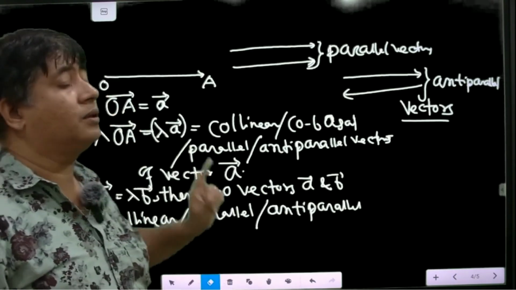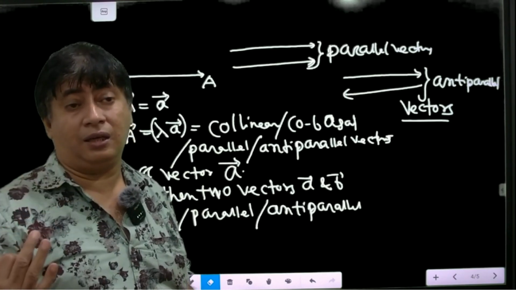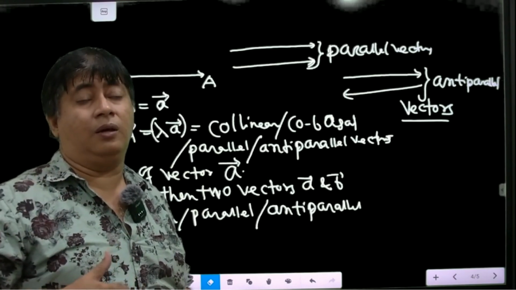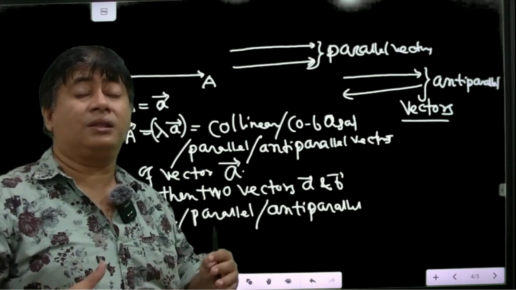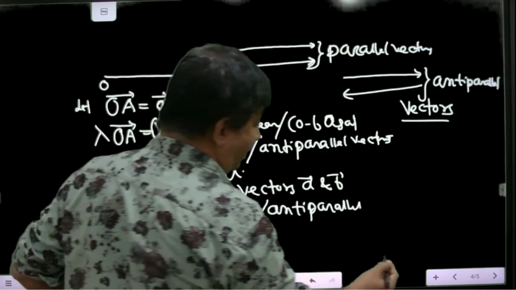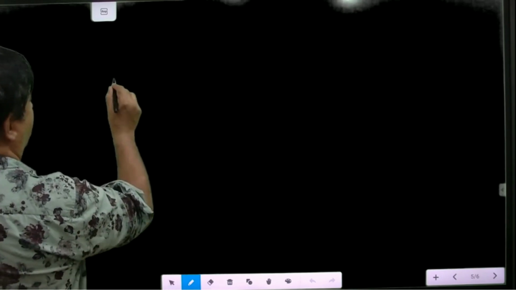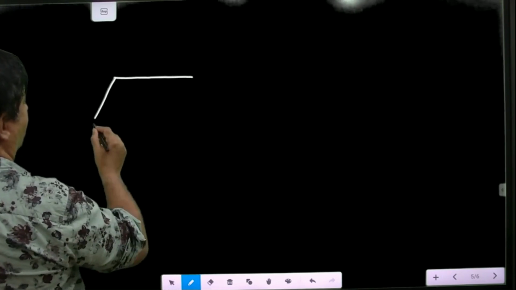Now we will consider direction cosine or ratio of a three-dimensional figure like a cube or cuboid. Direction cosine. See, let us draw one cube like this.